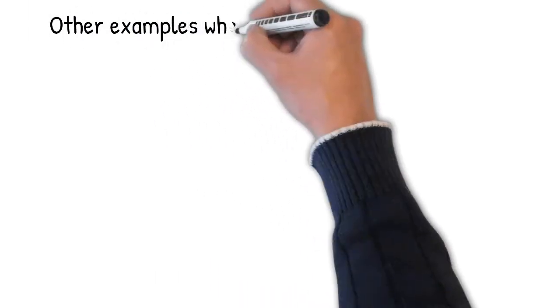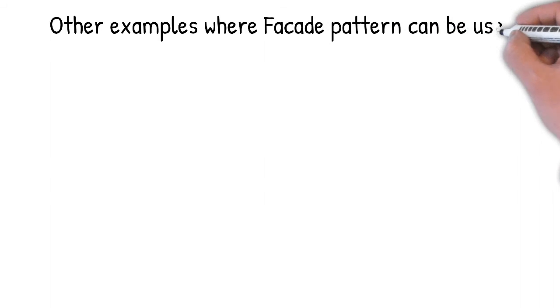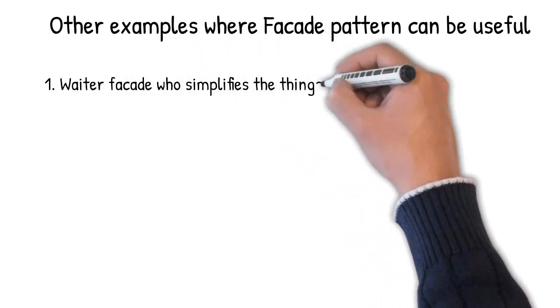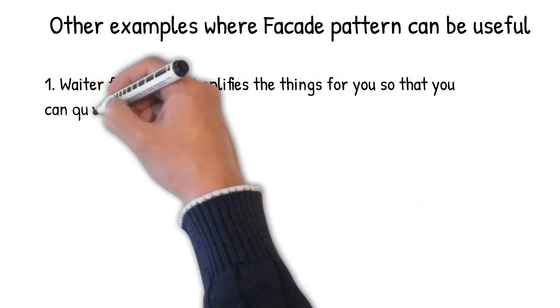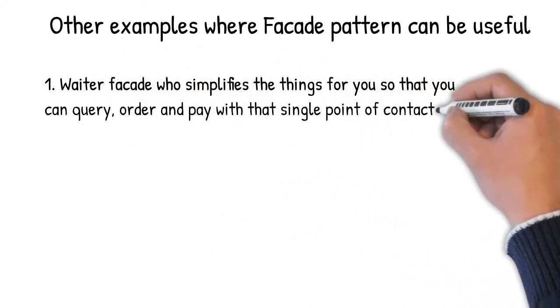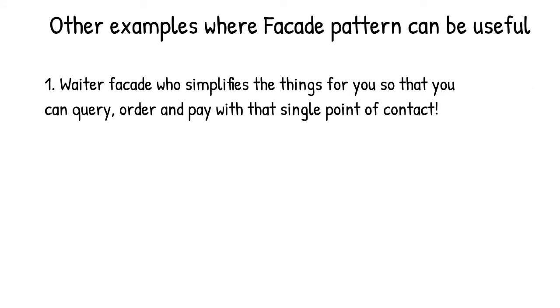Also note the other examples where the facade pattern can be useful. First example, the waiter facade, which simplifies multiple things for you so that you can query, order, and pay with a single point of contact.